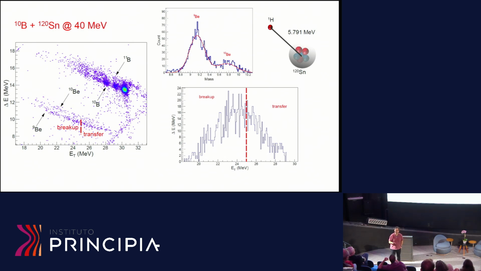So this might be related to the breakup of the boron 10. Of course, we didn't perform any calculations in this sense, but if you put a line in here, then we can say that part of these events are related to normal transfer, and this might be related to the transfer to the continuum. Right? So we see a bunch of these events.